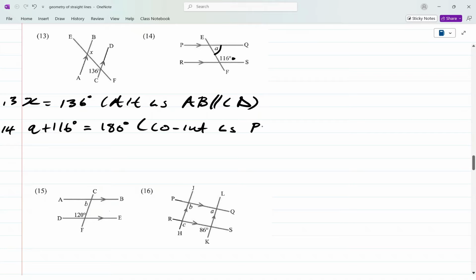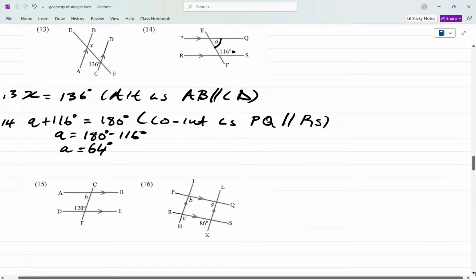And then you need to also specify your parallel lines, PQ being parallel to RS. Therefore, the value of a will be 180 degrees minus 116. On your calculator, you'll be getting 64 degrees. Hopefully it makes sense. And then we move on to the next one.